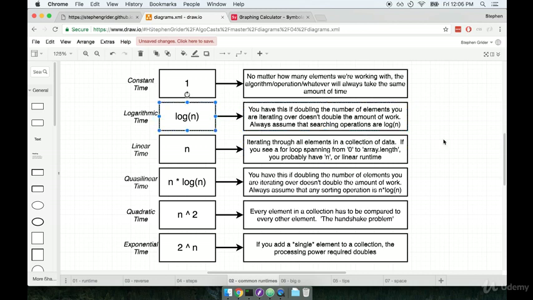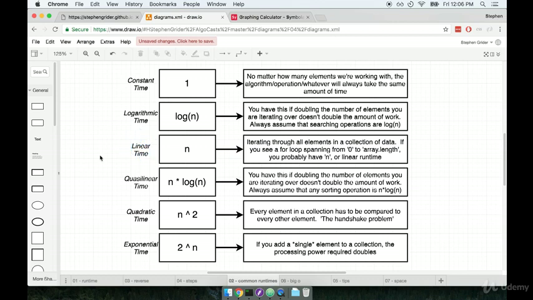Logarithmic runtimes are most important whenever we start looking at any type of search algorithm. So searching through a sorted array of data, we can always assume that that might take an algorithm that runs with logarithmic time. And that's an important assumption, especially as we start to try to calculate the runtime of different algorithms. That's another note that we'll talk about in just a little bit as well.